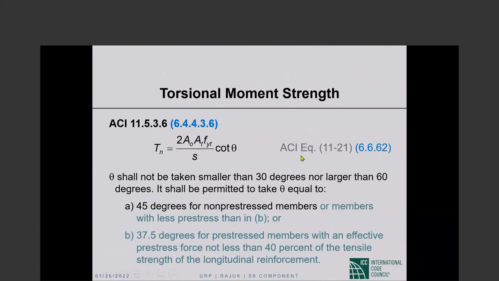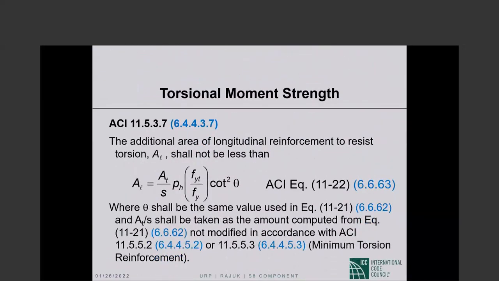Okay, so 45 degrees for non-pre-stressed members, 37.5 degrees for pre-stressed members with effective pre-stress not less than, I'll let you read that. So the theta is between 30 and 60 degrees. We typically take it as 45 degrees for non-pre-stressed members.